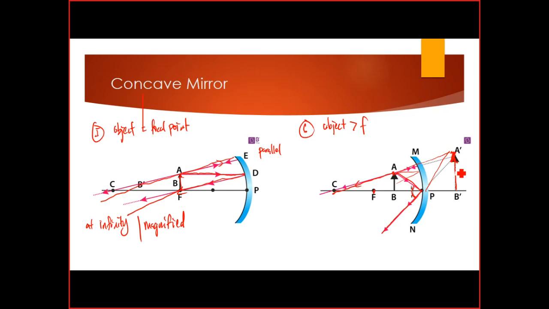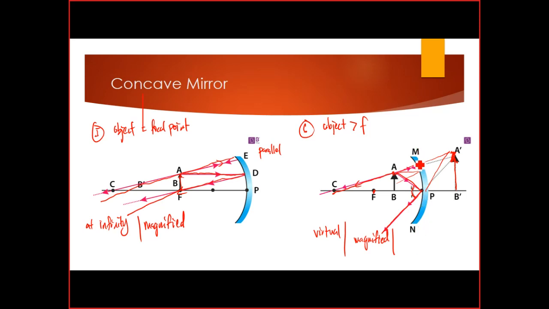It can converge like this. Now this is interesting, because the image is not real anymore. The image is now virtual. And you can see the object is small, the image is large, so it is magnified.